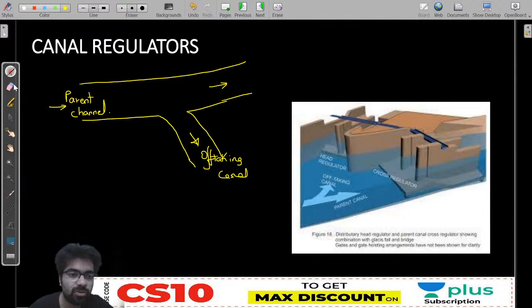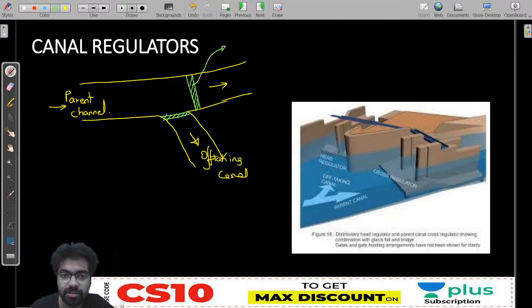When you are diverting a canal from the main river, what you have to do is construct a regulator on the main river, and construct a regulator on the head of the canal. Yes, very good, this is absolutely correct.